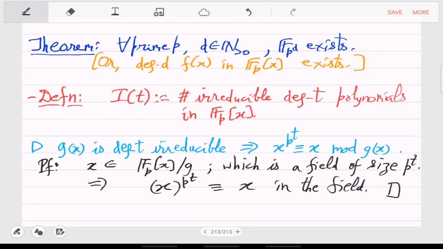So x to the p to the t is x in the field, which is the same thing as saying mod G arithmetic. Is that clear?